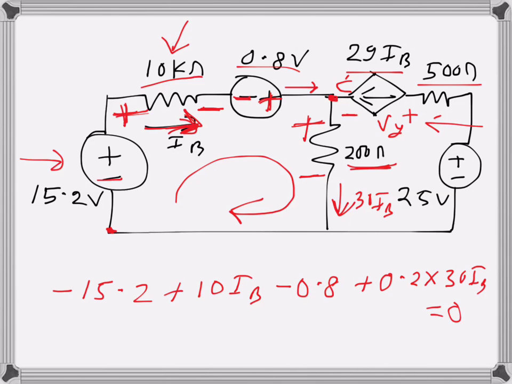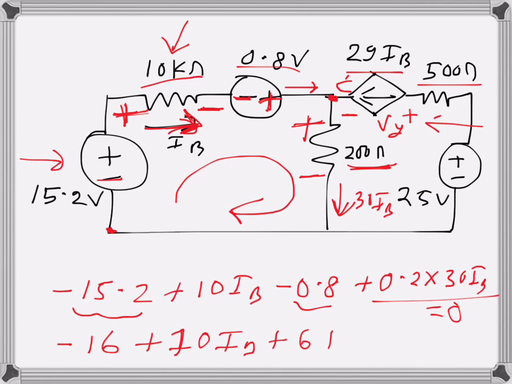So 0.2 times 30 is 6, so 6 IB. I am writing it here again: minus 15.2 minus 0.8 is minus 16, plus 10 IB, and 30 times 0.2 is 6, so plus 6 IB, equal to 0.